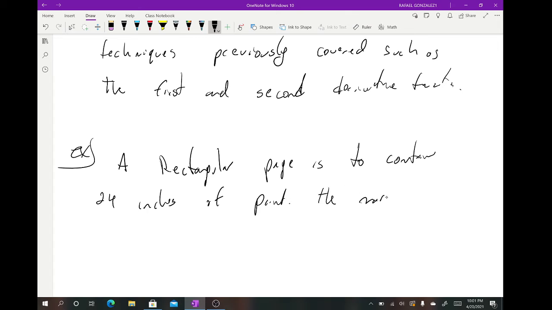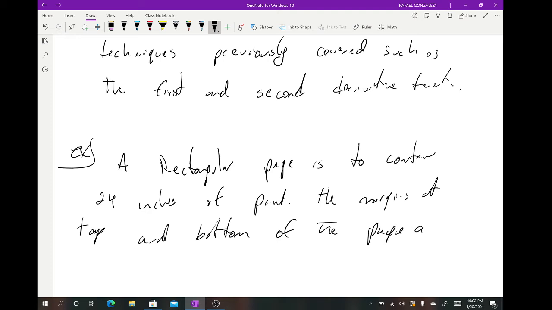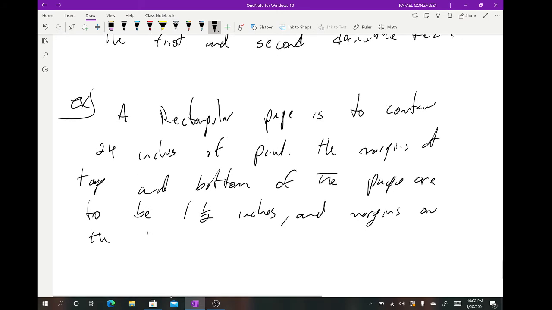The margins at the top and the bottom of the page are to be 1.5 inches, and the margins on the left and right are to be 1 inch.